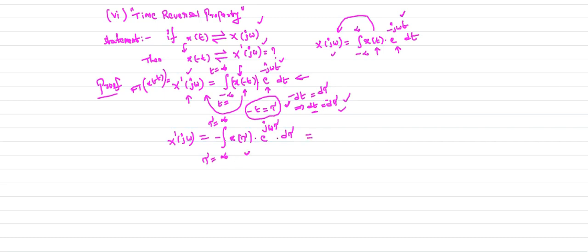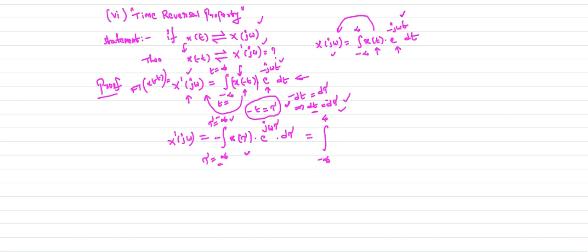Now how can you write this equation in terms of the standard form? Here minus is there. Whenever we interchange the limits of integration, this minus becomes plus. Previously the upper limit is minus infinity and the lower limit is plus infinity.